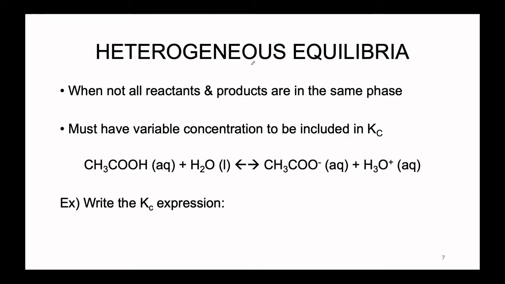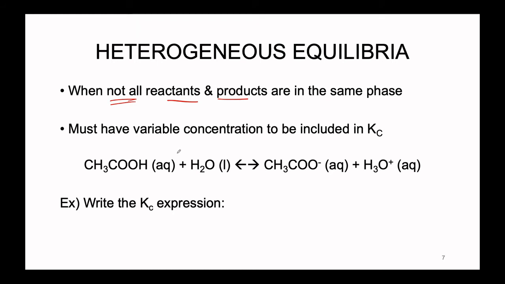Heterogeneous equilibria are sort of the hand-holding partner of the homogeneous. The difference then, again, similar to the catalyst example where the heterogeneous catalyst was in a different phase of the reactants, is that here, not all of the reactants and products are going to be in the same phase. Not all of them.